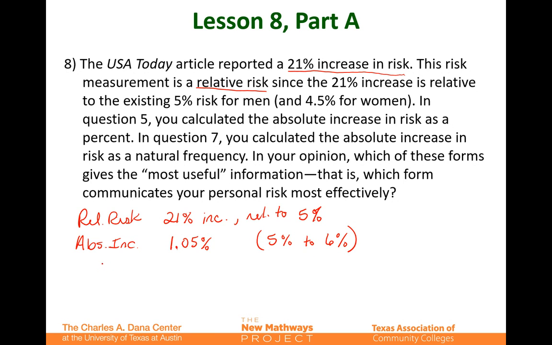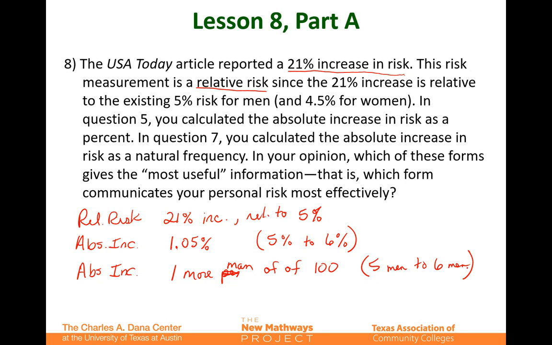And then finally, if we want to do absolute increase in terms of natural frequency, it was one more person, or man in particular, out of 100. It went from 5 men to 6 men.